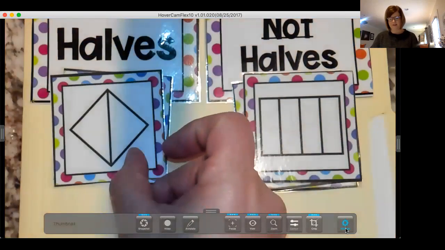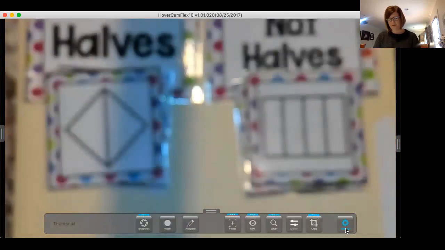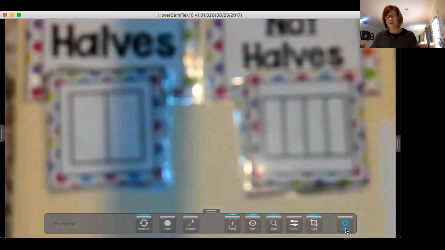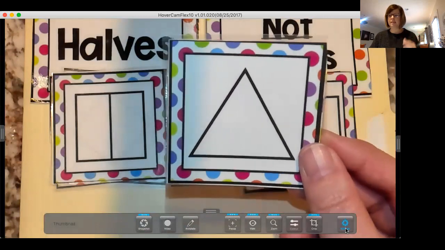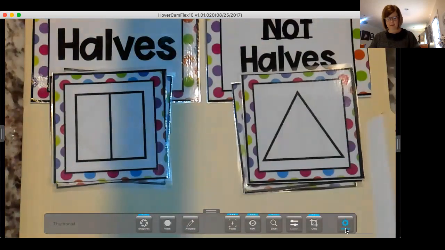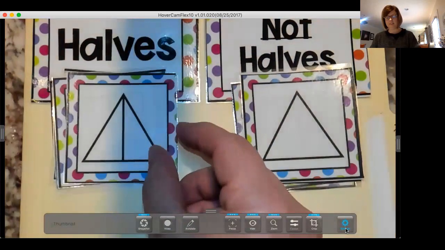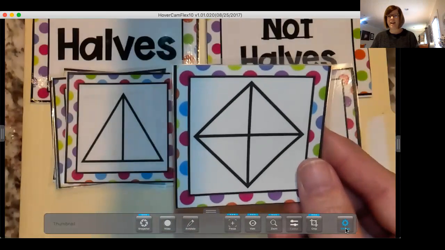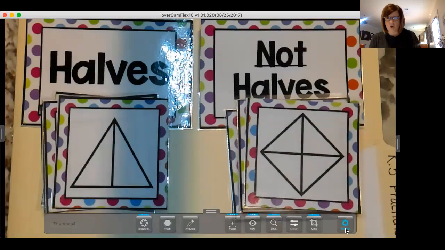Halves, good, halves. How about, let me get another one down here. This one. Halves, good. How about this one? Not halves, it's not even split, is it? It's not halves. And this one? Halves, good. And one more. Not halves, good job.